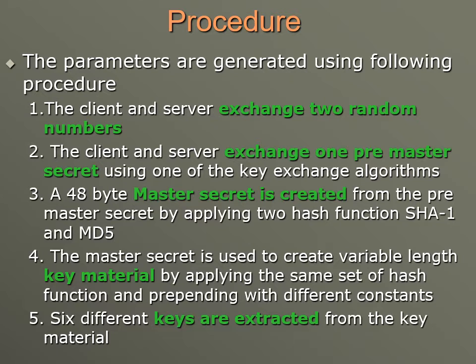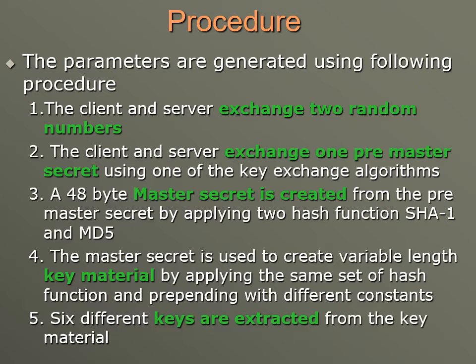Then the client and server exchange one pre-master secret using one of the key exchange algorithms, as we discussed in the previous video. The next step is that a 48-byte master secret is created from the pre-master secret by applying the 2 hash functions, that is SHA1 and MD5.